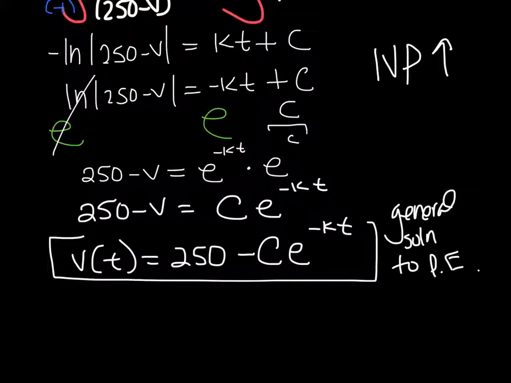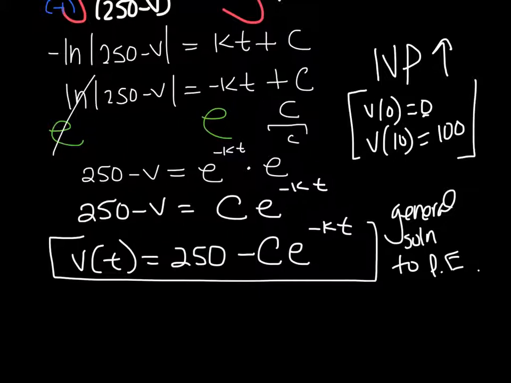We were given v of 0 equals 0, the car is at rest, at time t equals 0 it's not moving. After 10 seconds, the velocity is 100 kilometers per hour. So we still have this given information, so we know we're not done.